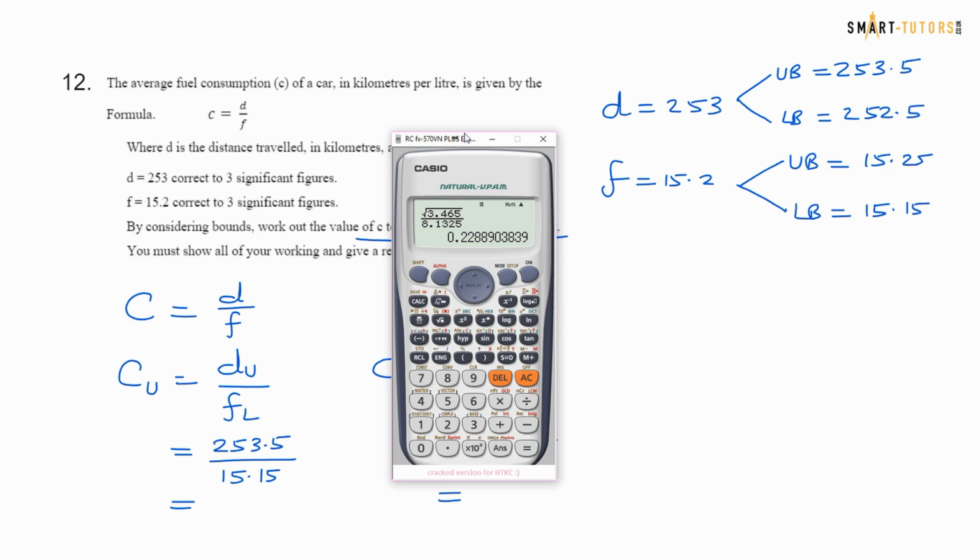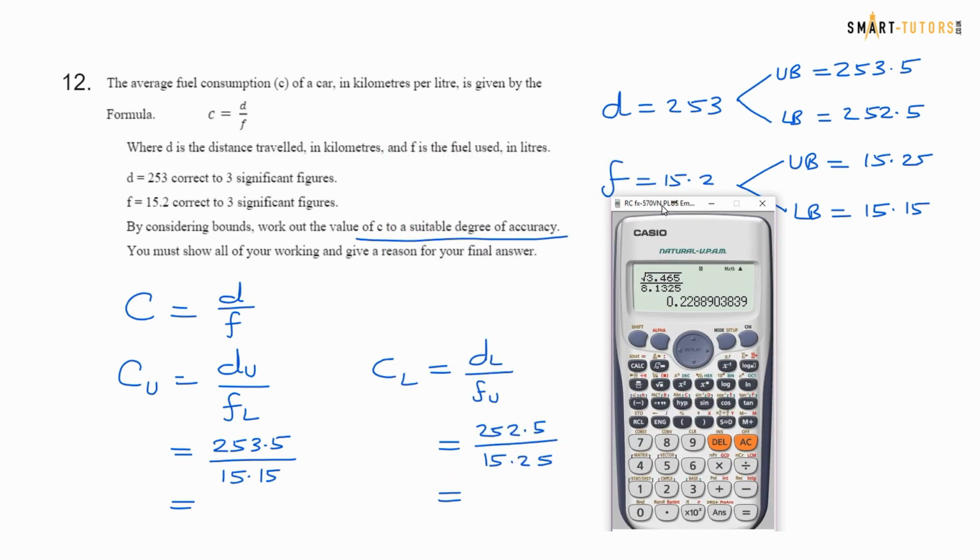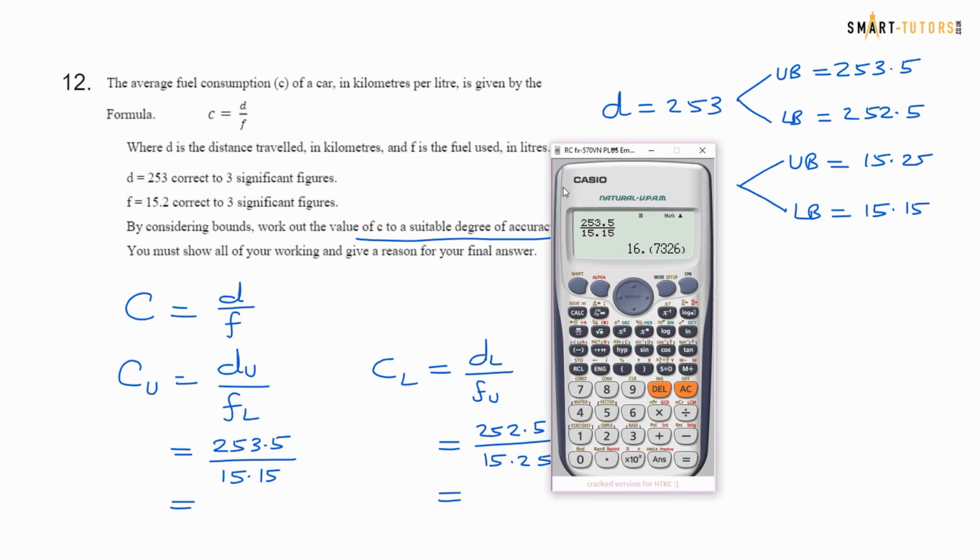Then we do some approximation. Put the calculator somewhere here. And so fraction, simple, there's no square root this time, so 253.5 divided by 15.15, which is 16.7325.